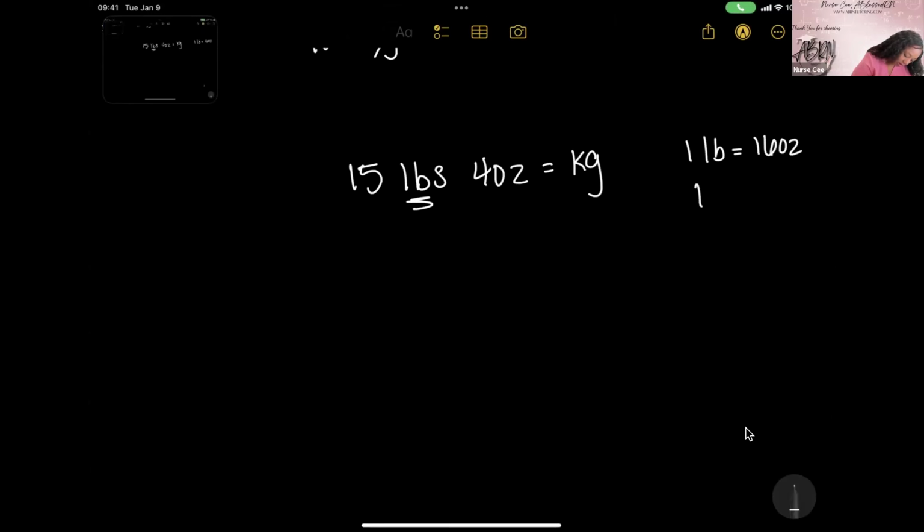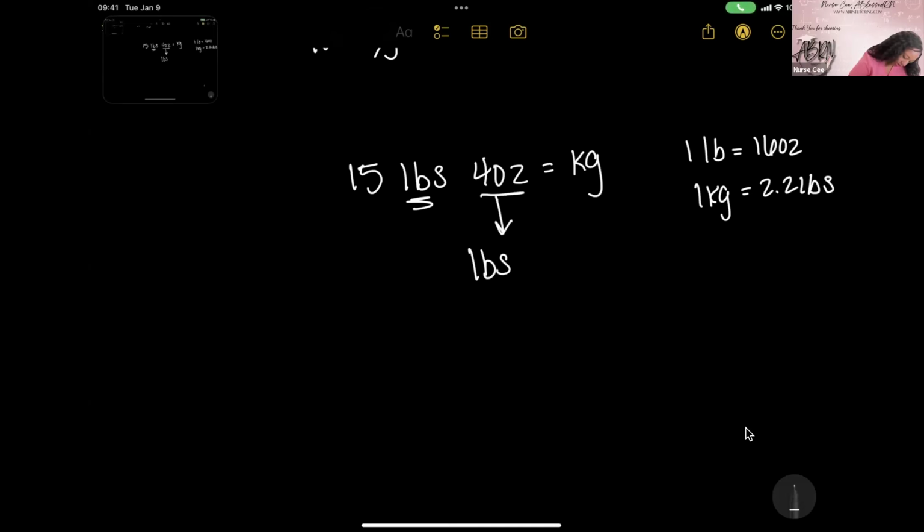And then we know that 1 kg is 2.2 pounds, right? So we have to change everything to pounds because we can't do ounces and pounds to kilograms. So what we'll do is we'll convert our ounces to pounds, and then we'll add everything together and then change that to kilograms. All right.